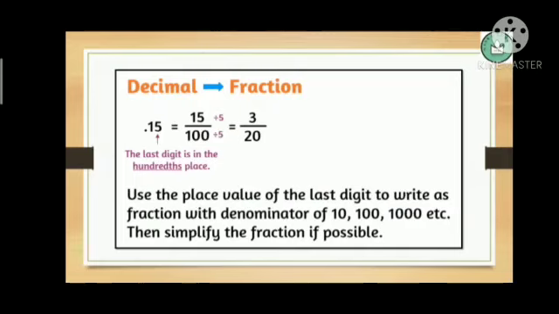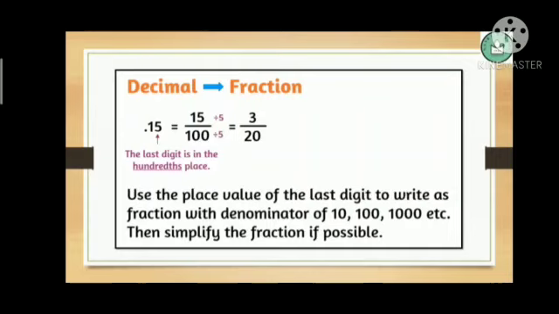Now this is another decimal number, that is 0.15. Here the digit 1 is the first digit after the decimal point, and the position of 1 is the tenths position, and the last digit is in the hundredths place, that is 5. The 1 position is tenths and the 5 position is hundredths.